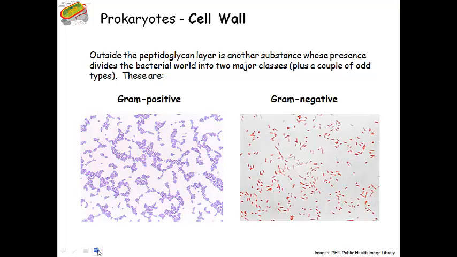Gram, I think, actually refers to a scientist who discovered this. That was his last name. So either they have the granules or they don't. There are two pictures of what those bacteria might look like. They're stained. Gram-positive, as you can see, stain a purplish color, whereas gram-negative are kind of a reddish color.